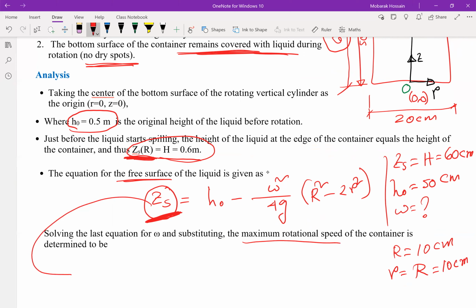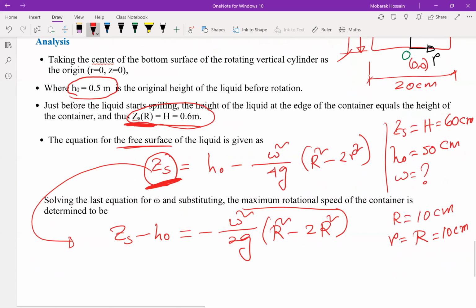Now if we solve this equation for angular velocity, we can rearrange it. So zs minus h naught equal to minus omega square over 4g times r square minus 2. Now small r will be the same as the radius, so r square.